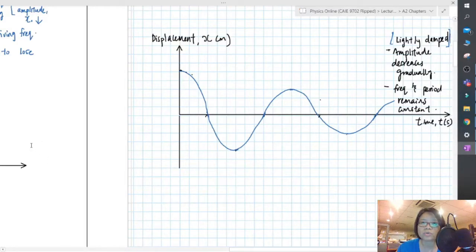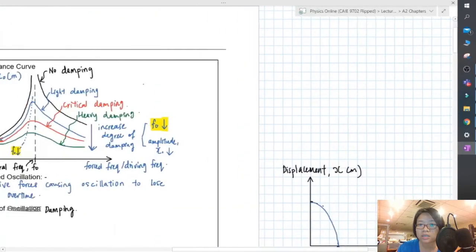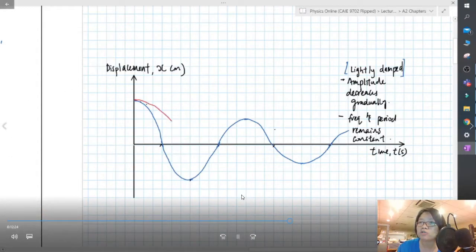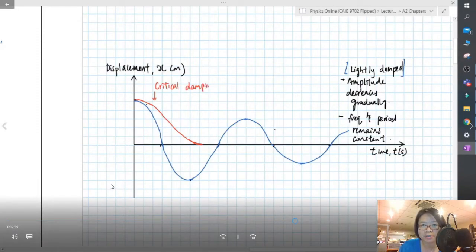We are now going to look at the next variation of damping, and that would be your critical damping. For critical damping, you will notice that it will return to equilibrium position very quickly, as soon as possible, without really oscillating.